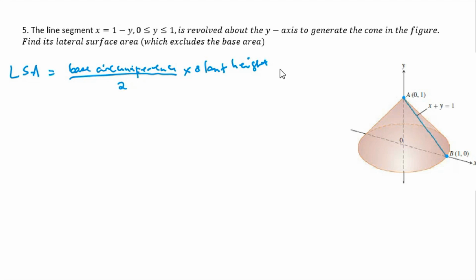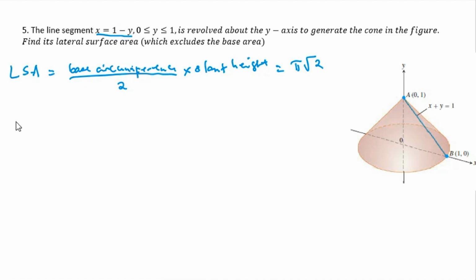So that is now equivalent to pi square root of 2. So the formula for the lateral surface area is equal to base circumference over 2 times the slant height, or that gives us pi square root of 2.